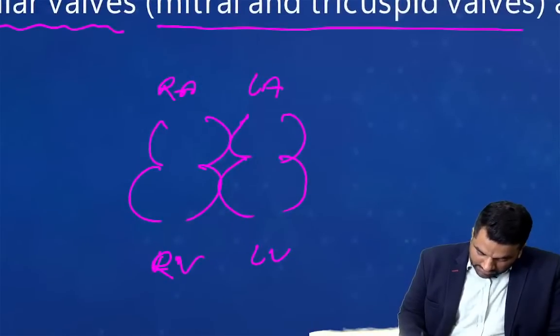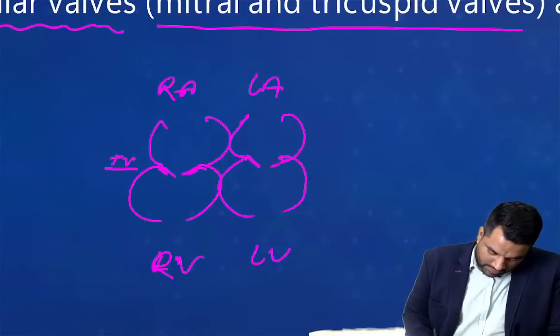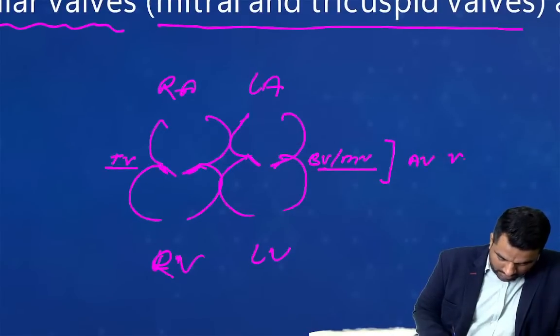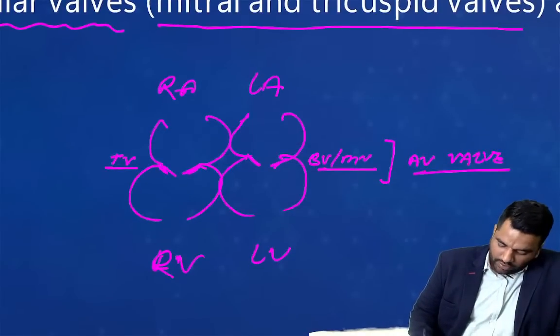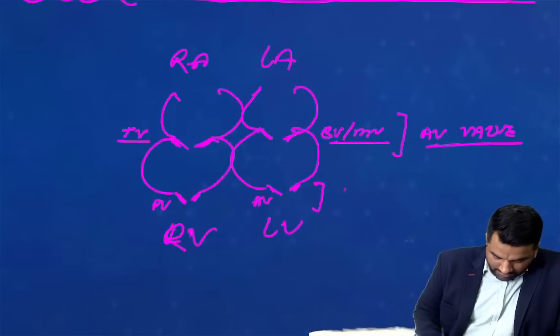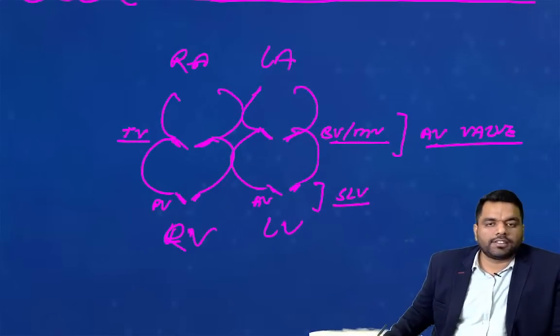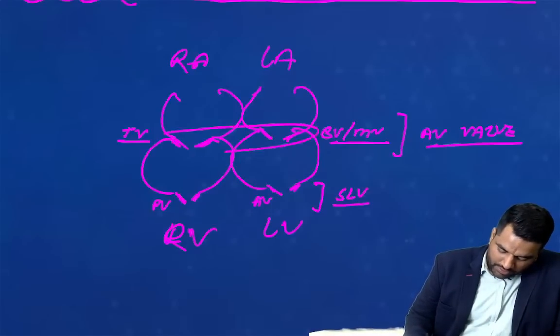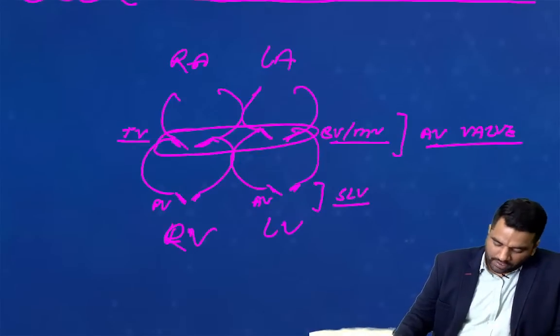We know that this valve is the tricuspid valve, and this valve is the bicuspid or mitral valve, or together we can call them the AV valves. And here is the pulmonary valve, and this is your aortic valve, and together we call them the semilunar valves, right, beta?